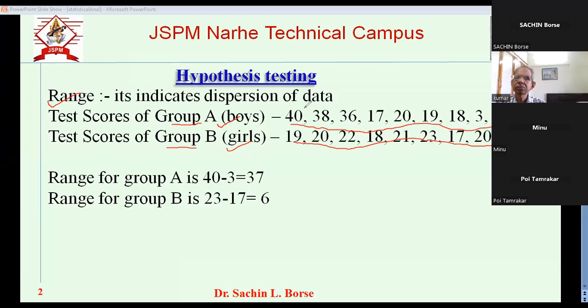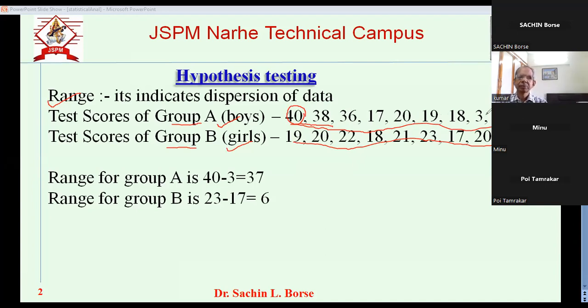From the given group, we have to pick the maximum. What is the maximum marks in the boys group? It is 40. And what is the minimum marks in this boys group? So range will be maximum minus minimum. The minimum marks is 3.